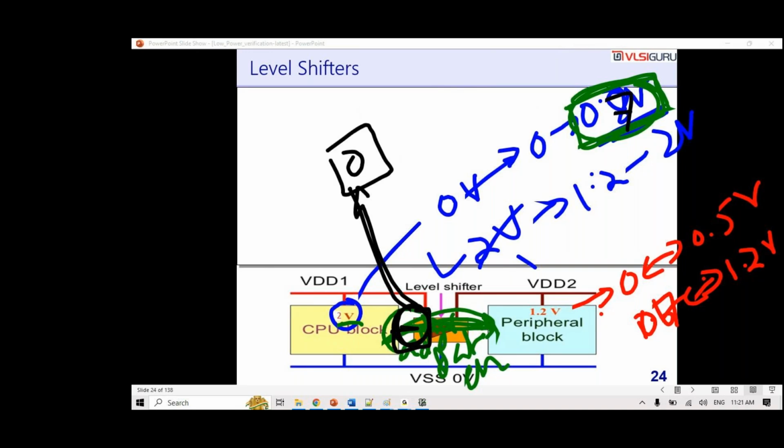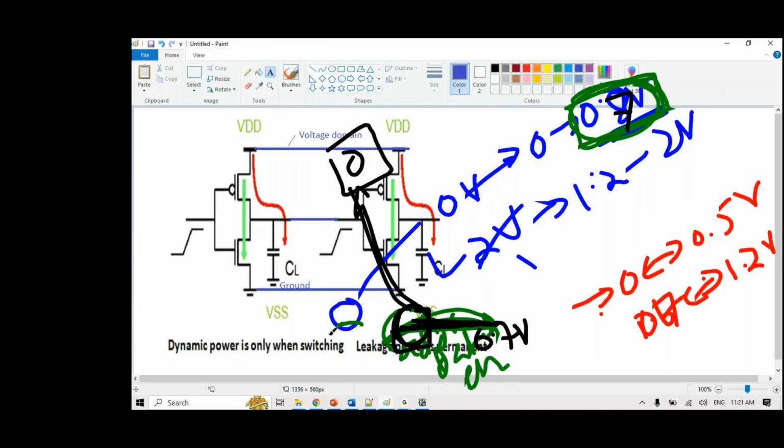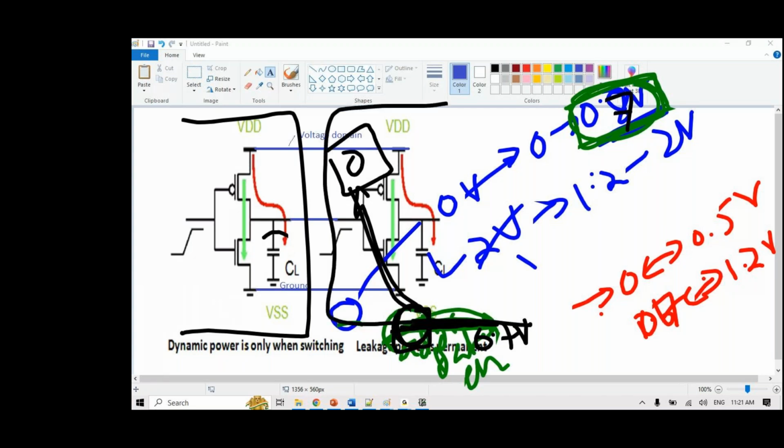But the problem is, if you don't use any level shifter, the same 0.7 volts, when it goes here, you understand the 0.7 volt I'm talking about here? This is in one voltage domain, this is in another voltage domain. Whatever voltage you kept as 0.7, when it goes into the other domain, it actually ends up turning it on, because these are designed for lower voltage levels.